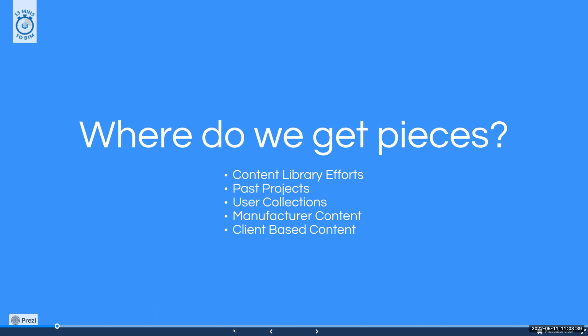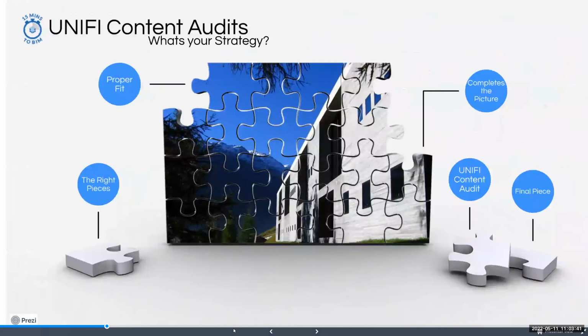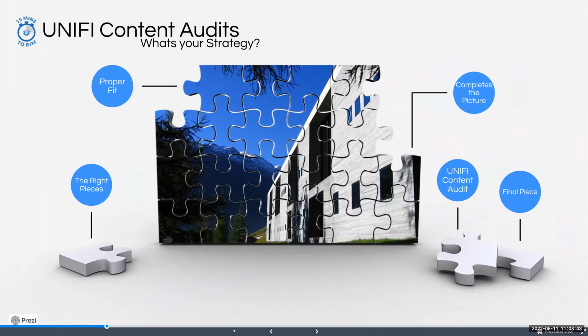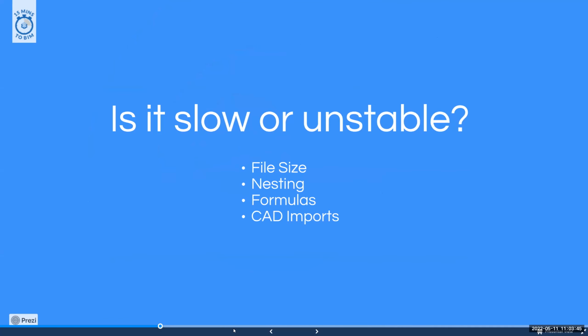So let's talk about not only the right pieces that we're trying to get, but the proper fit. And the first thing that I would ask whenever I think about content, and it probably crosses your mind, is is it good content? What do we usually mean by that? We want to know if it's slow or if it's unstable. Those are two key pieces. The first sort of bar to pass is, what's the file size?